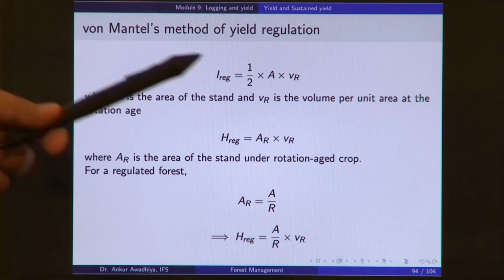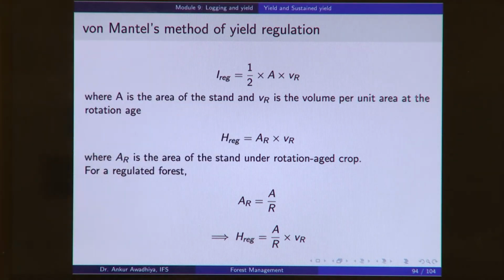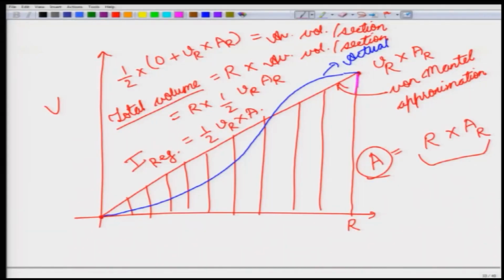Now, H in a regular forest, or the amount of harvesting that you will be doing in the regular forest, will be given by the coop that has reached its maturity. We are talking about this final coop. So, in this year, what is the amount that you will be harvesting?